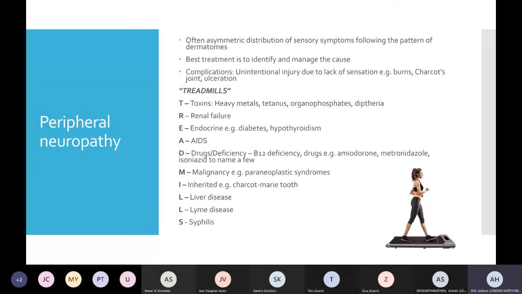But you may also see things like Guillain-Barré syndrome, usually patients presenting a few weeks after they've had a gastroenteritis or LRTI, coming in with a predominantly sensory neuropathy which starts in the feet and ascends upwards. There are hereditary peripheral neuropathies. The one that I think they like to bring in OSCEs is something called Charcot-Marie-Tooth disease, or also HSMN, hereditary sensory motor neuropathy.